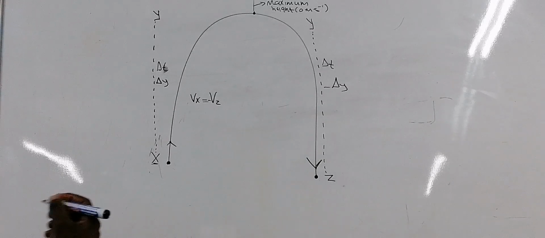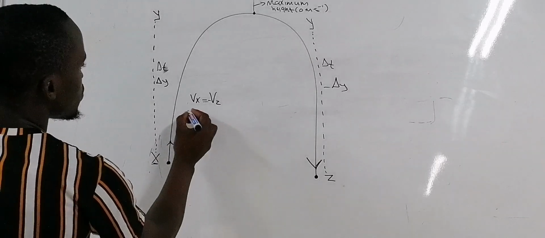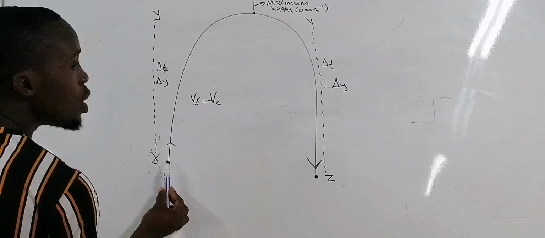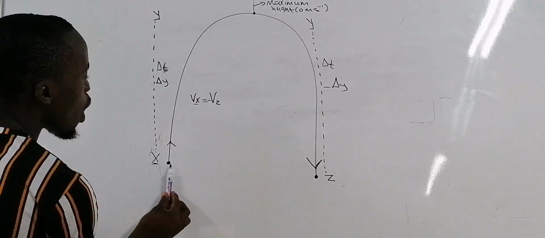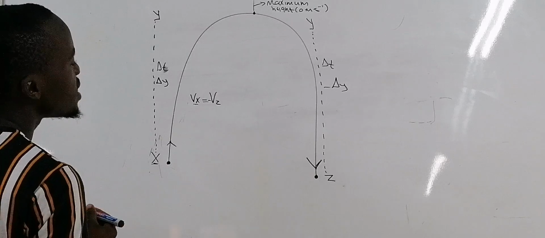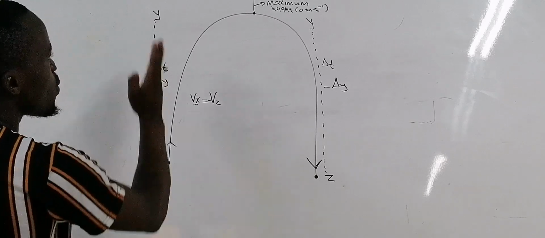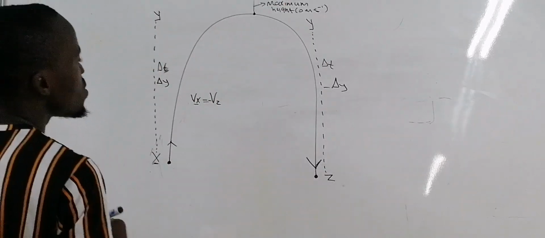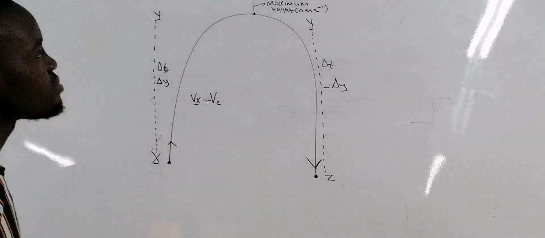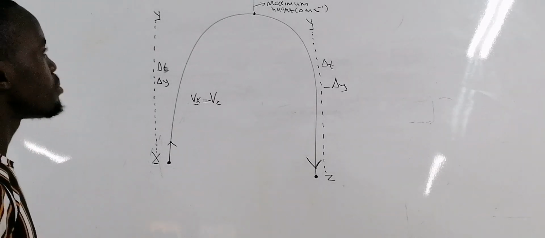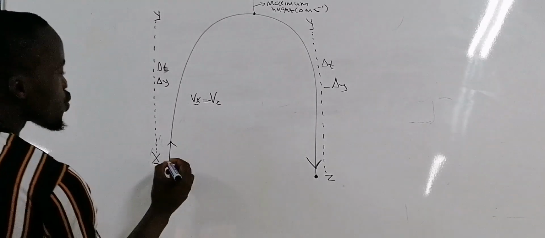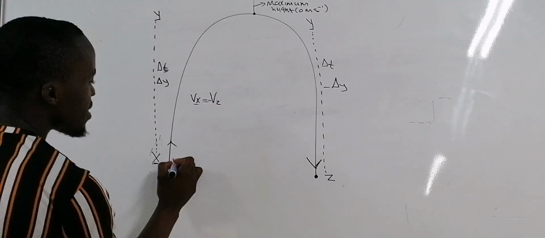Meaning that if we projected our object and it traveled at 20 meters per second when it was going up, even when it comes down it will use that 20, but in the negative direction. So that's very important, guys. Okay, so here Vx becomes the V initial.